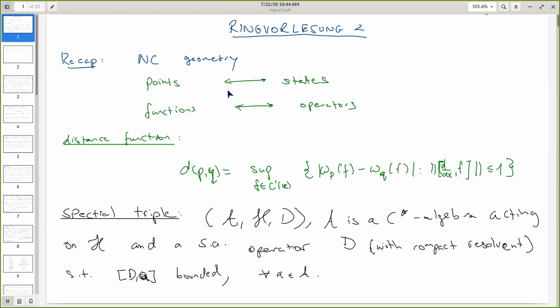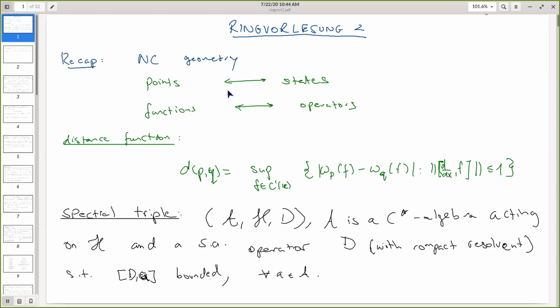And last time we went through the distance function. The distance function between 2 points, let's say P and Q, or 2 states in that sense, is the supremum over a function that is C1 of R, for example, of the absolute value of omega P of F minus omega Q of F, where omega is some linear functional, with the additional restriction that the derivative of F has to be less or equal than 1.